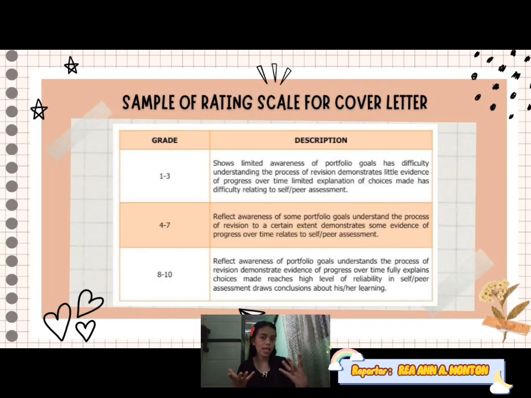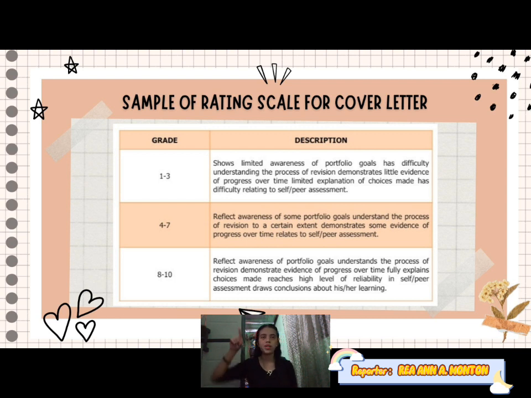So as you can see in the presentation, there are different samples of rating scale for cover letter. So one of the examples is in the PPT, which shows the things that must be considered in creating a scale for portfolio. So this one, the grade 1 to 3, 4 to 7, 8 to 10. So description is like indicators on how to grade a portfolio. So ano siya?